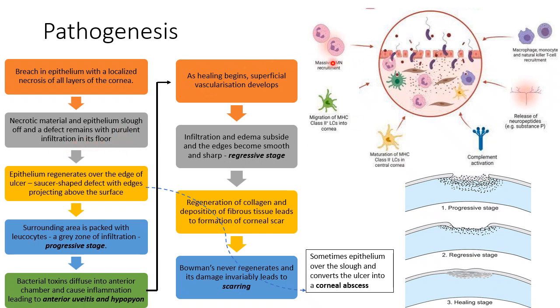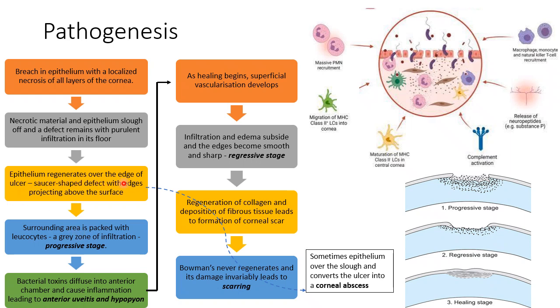You see that there are leukocytes, a lot of polymorphonuclear cells getting accumulated. So that they, along with the bacterial remnants, the dead bacteria as well as the live bacteria, constitute the purulent infiltrate in the floor of the ulcer. This one. This is the purulent infiltrate in the floor of the ulcer. The epithelium and a part of the stroma have sloughed off.